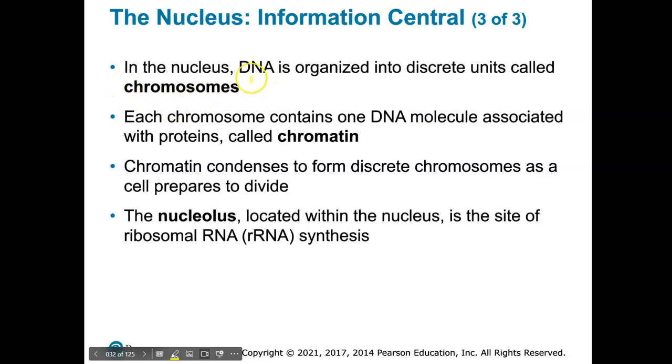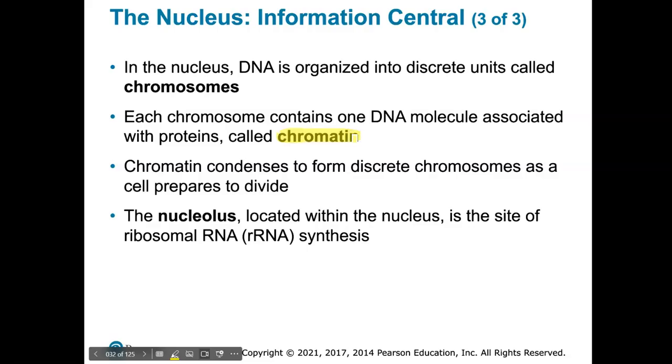And like I said, the DNA inside the nucleus is organized into structures called chromosomes, but mostly while the cell is not actively dividing, the DNA is in a form we call chromatin, and it's very, very spread out in the nucleus. It's spread out so much you can't see the individual chromosomes.